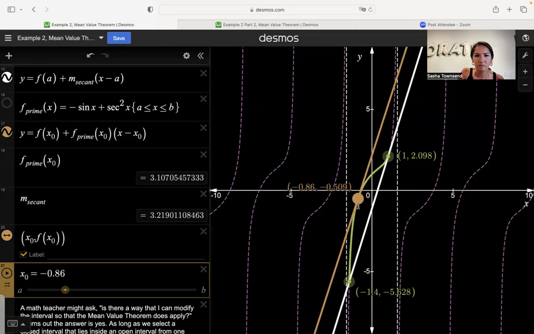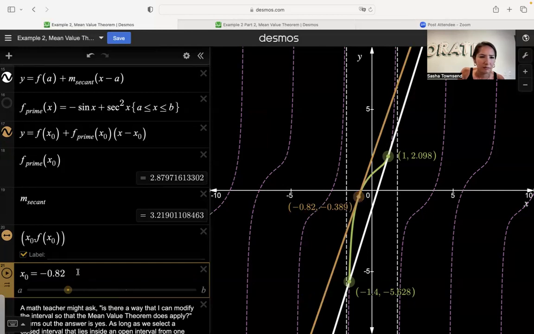Hard to get it exactly right. It's somewhere in there between negative 8.9, 8.87, negative 8.2. And say, how can I do this?